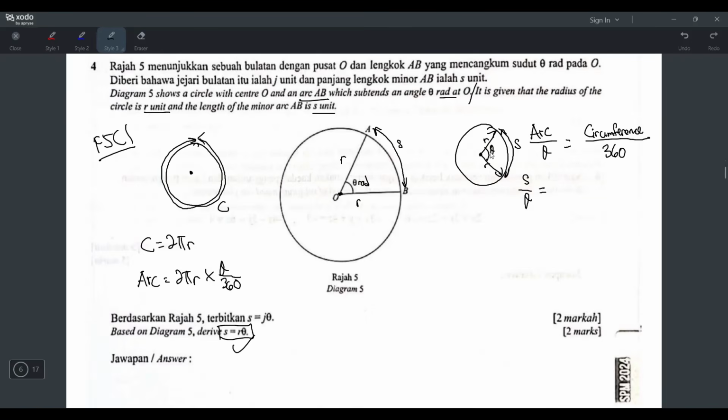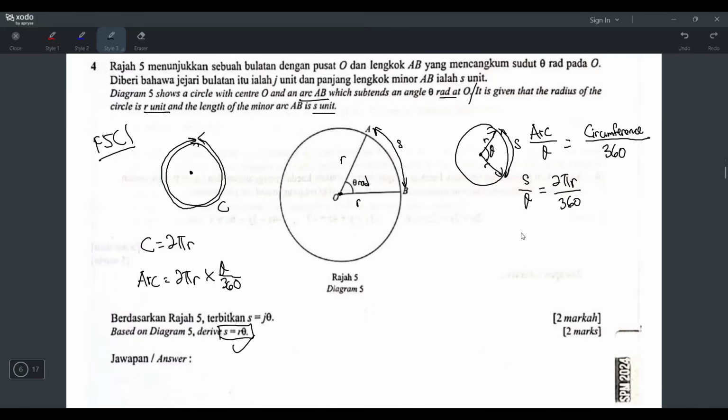S is the arc, and theta is the angle. So the ratio here will be the same. So when you take the arc S divided by theta, it equals the circumference over 360, and the circumference formula is 2 pi r, over 360, assuming your theta is in degrees.